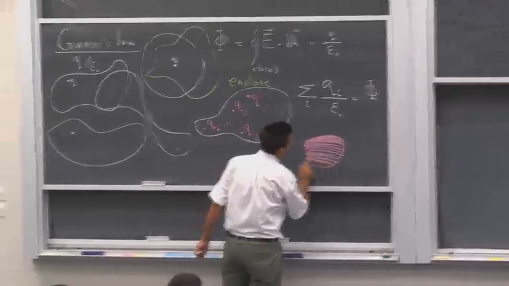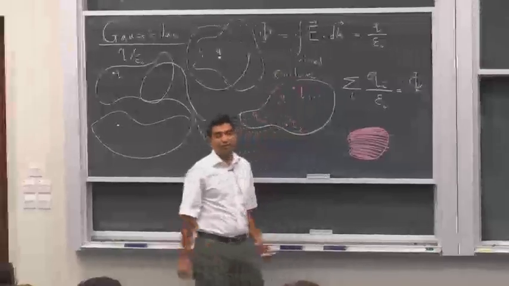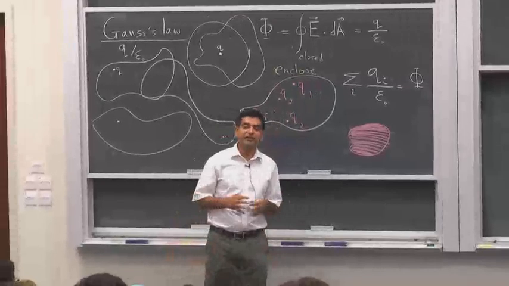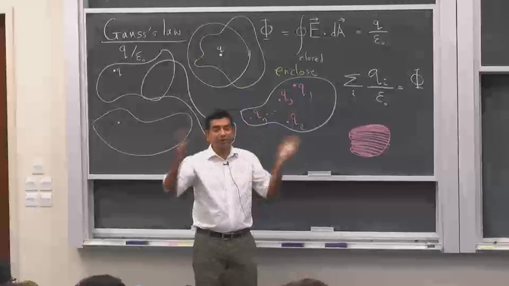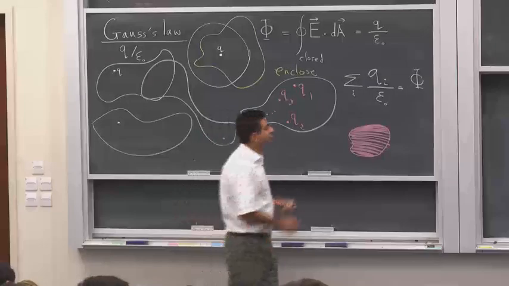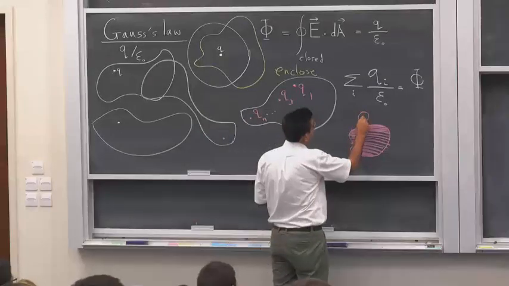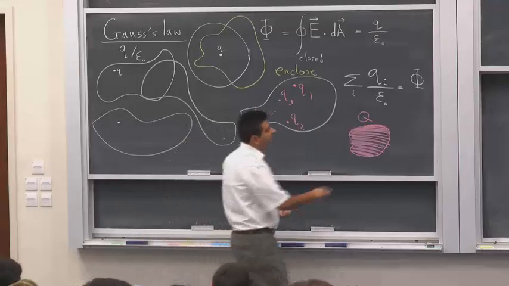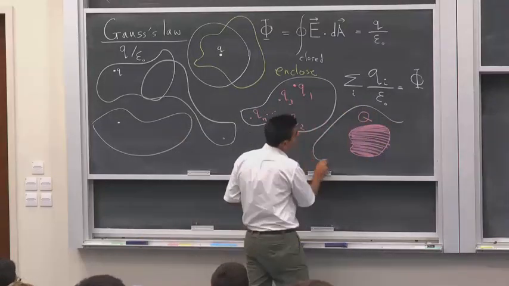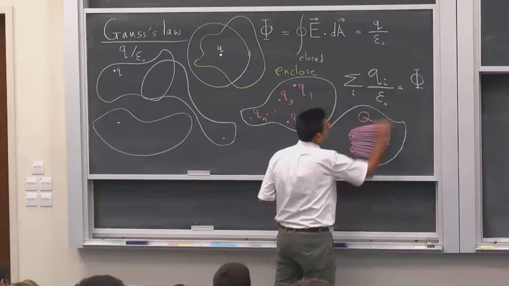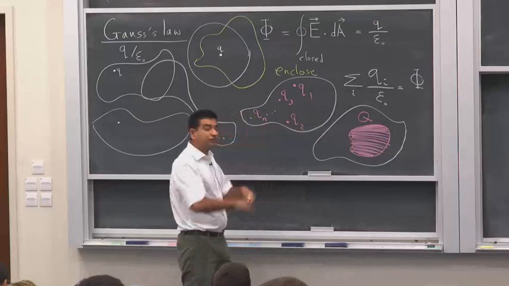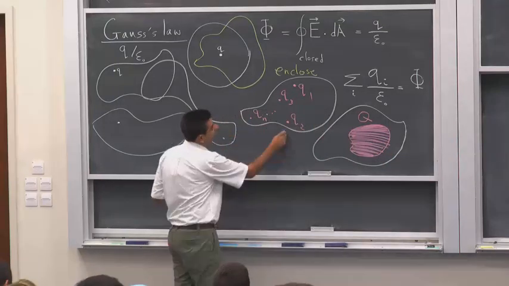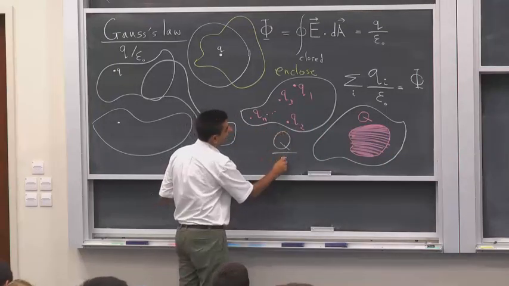So now this macroscopic body is not a point charge, it's a collection of point charges that form a continuum. And the total charge on this macroscopic object is Q. And I would like to draw a surface around this macroscopic object. The flux through this closed surface is going to be capital Q over epsilon naught.